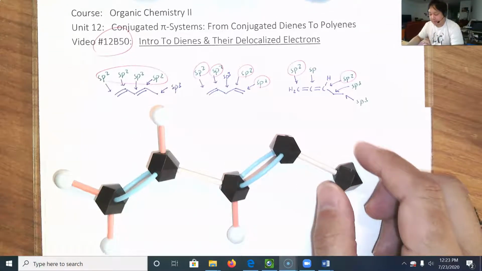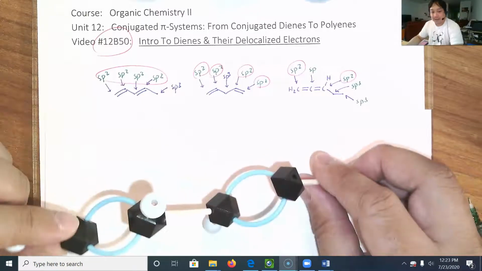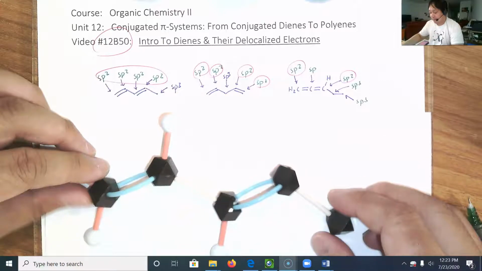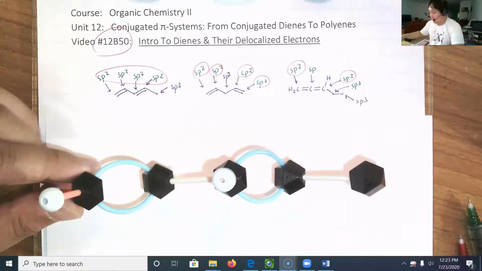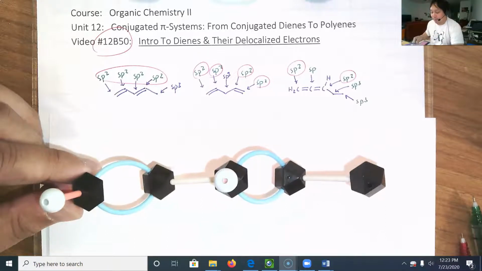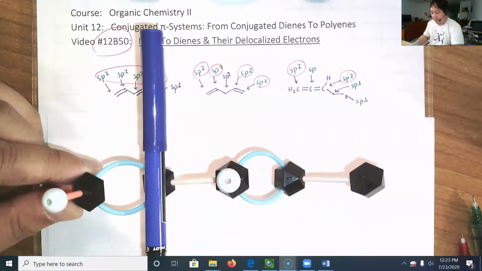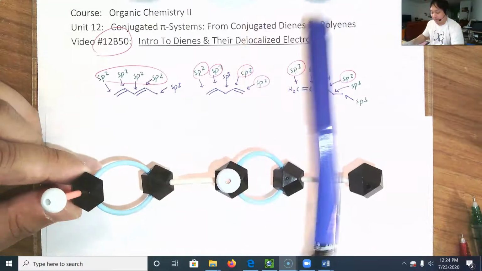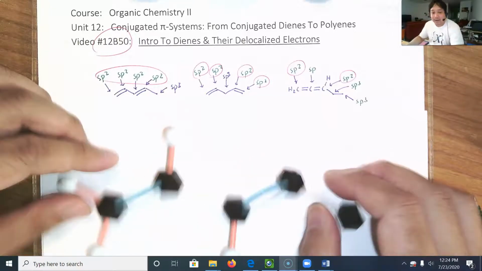Where are your p orbitals? I don't have the p orbitals on the model, but I do have the double bonds. But the p orbitals are, if you put this on its side, and you have a p lobe right, a p orbital right here, up and down, up and down, up and down, up and down. So you could have this molecule conjugated.